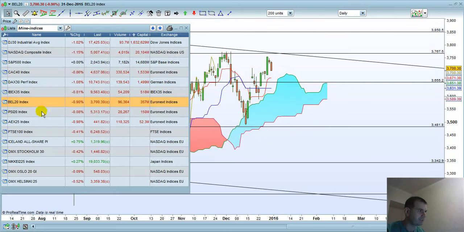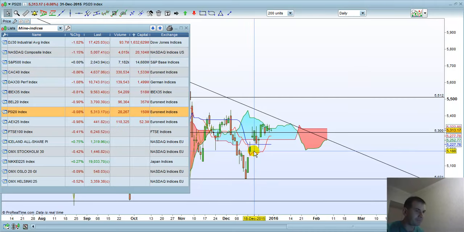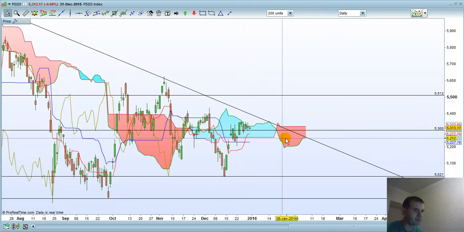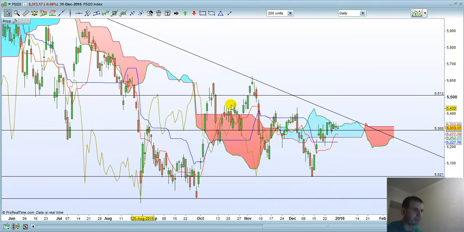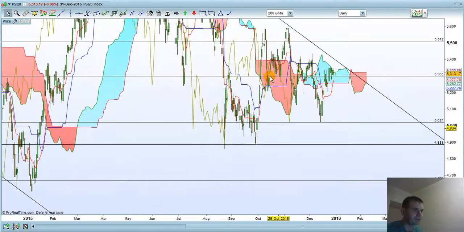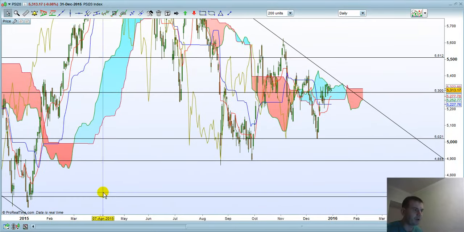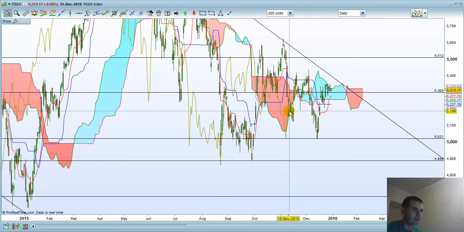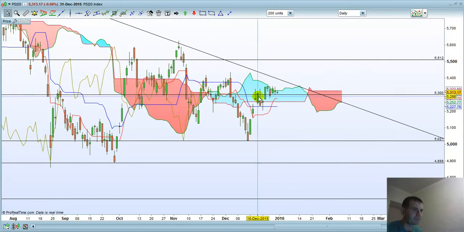Okay, next index is PSI 20. Here, what can we see here? The price is consolidating within the cloud. The future cloud is crossed on the bearish side. The overall trend is bearish, as you can see, this quite wide channel, broad channel, and price is consolidating within the cloud.